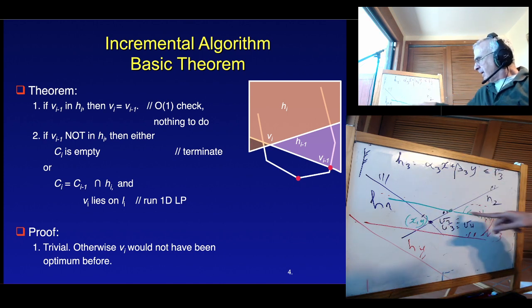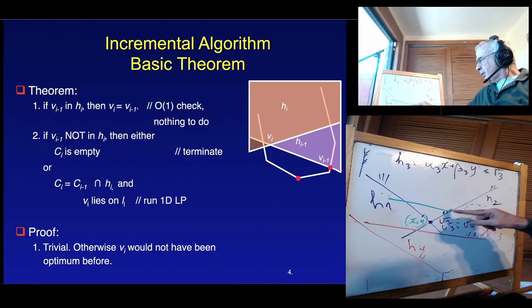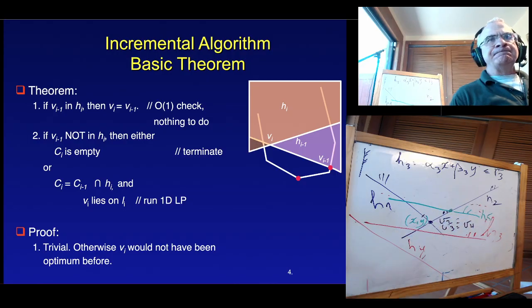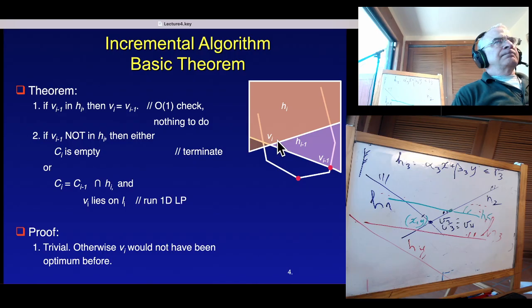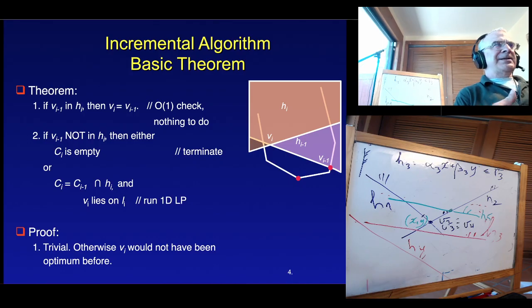You can start by assuming that the new optimum solution will be on the line. And then you can solve it using a call to the one-dimensional linear programming. In the 1D linear programming that we had two slides ago, we assume that there is a line that tells us to only look for a solution on this line.